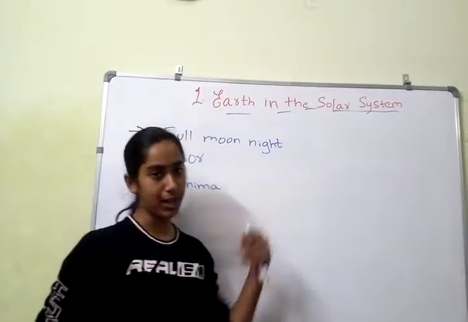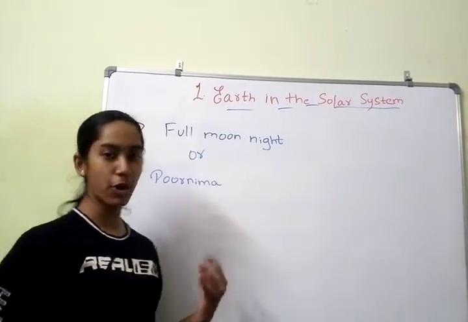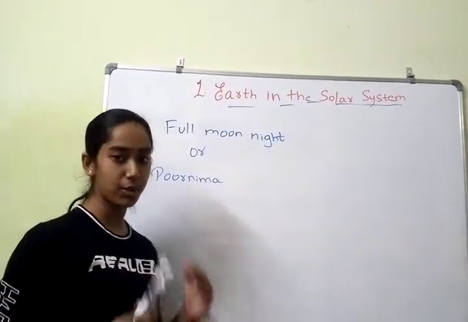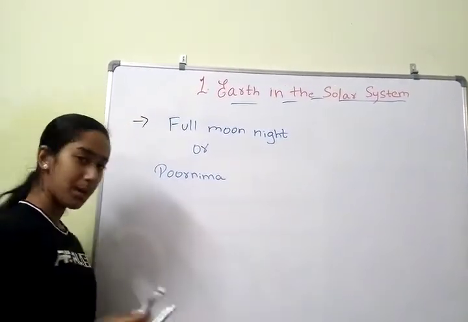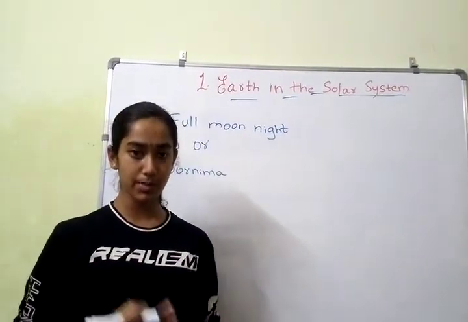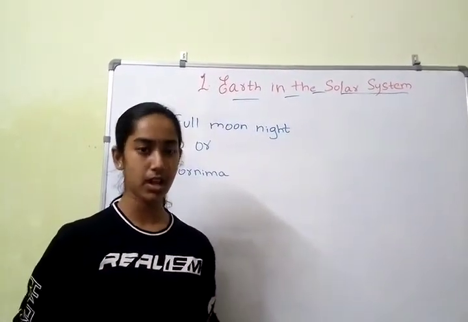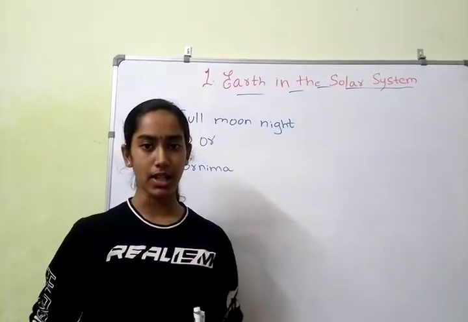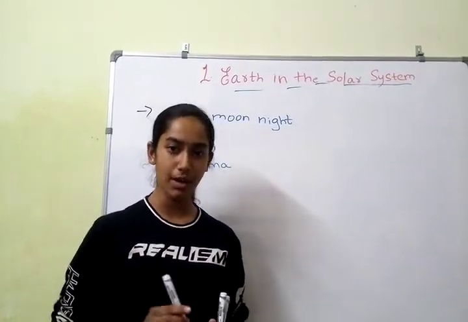After this full moon night or Purnima, after a fortnight, or after 14 days, you cannot observe the moon at all in the sky. That day in the month is called the new moon night or Amavasya.